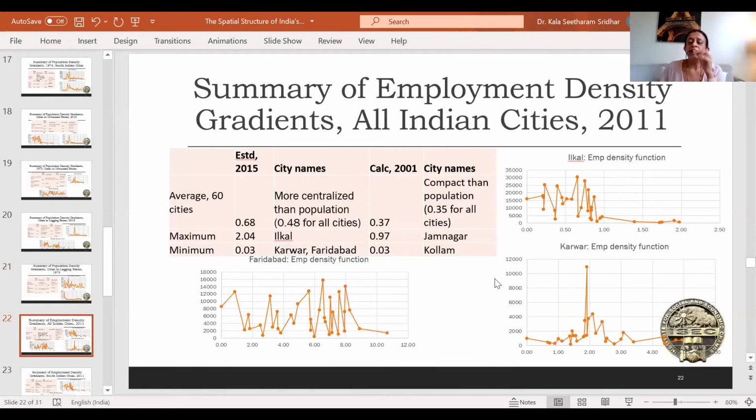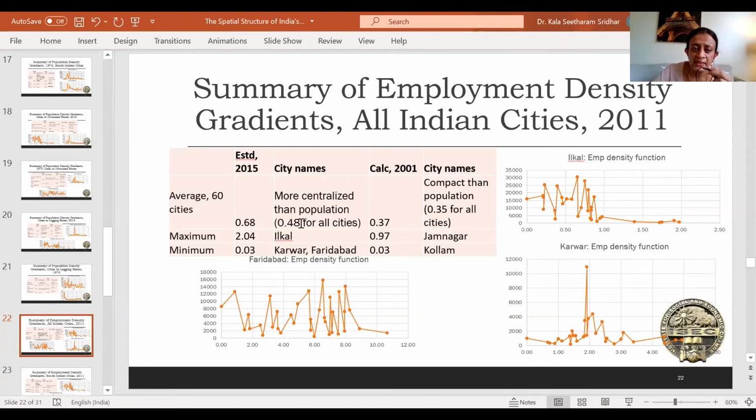Now, we come to employment suburbanization, which Glaeser and Kahn looked at for American cities. What we find is that employment density is a lot more centralized, a lot more compact, when compared with population decentralization.